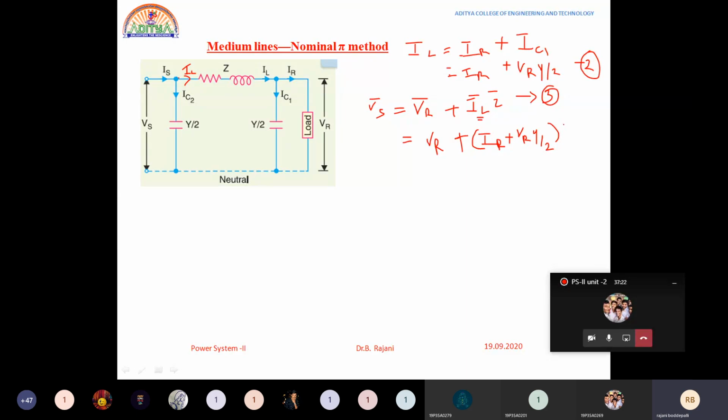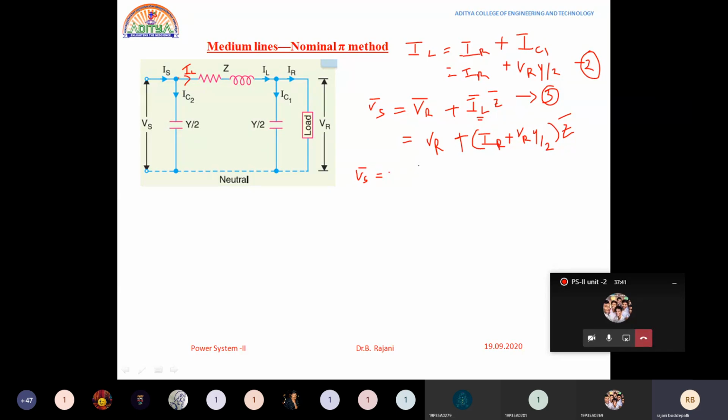What is Z you are having? This is the one where I keep like this. This is nothing but the Z, right? Now, how can you resolve this equation? Vs is equals to VR.